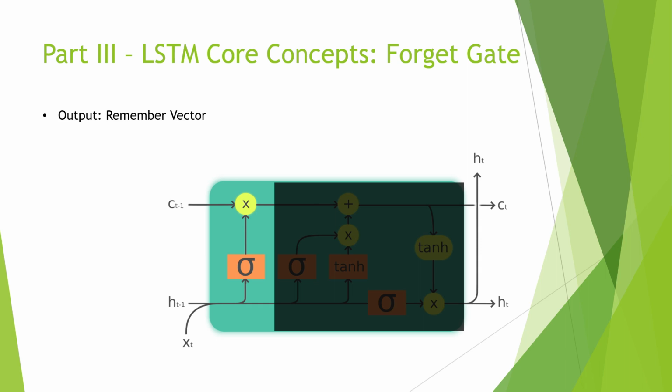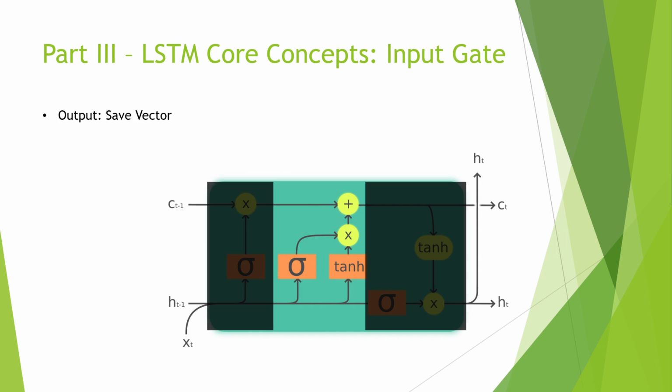We call that output the remember vector. Then following the sigmoid function, the remember vector gets multiplied against the previous cell state at the top. That begins the process of updating the cell state with relevant information.